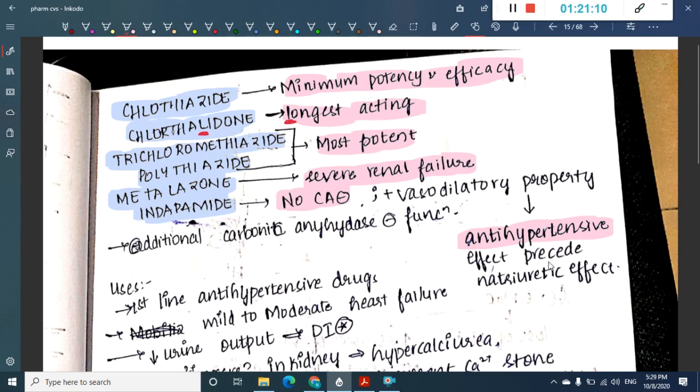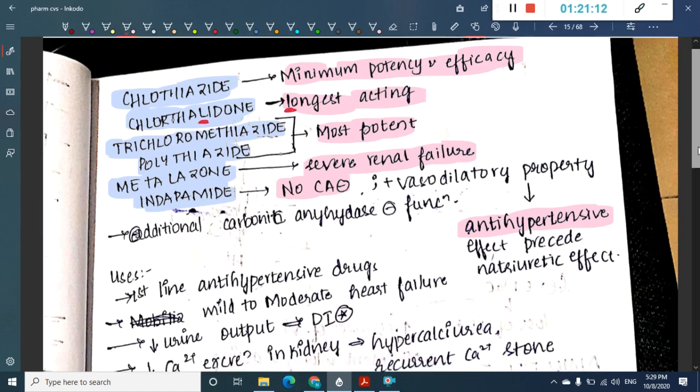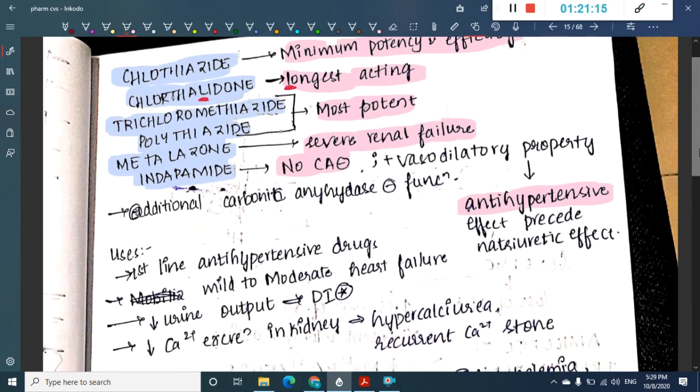All these thiazide diuretics also have some amount of carbonic anhydrase activity, but indapamide does not have this additional carbonic anhydrase function which is present in all the other thiazide diuretics. Okay, so we have learned about the drugs and their special properties.